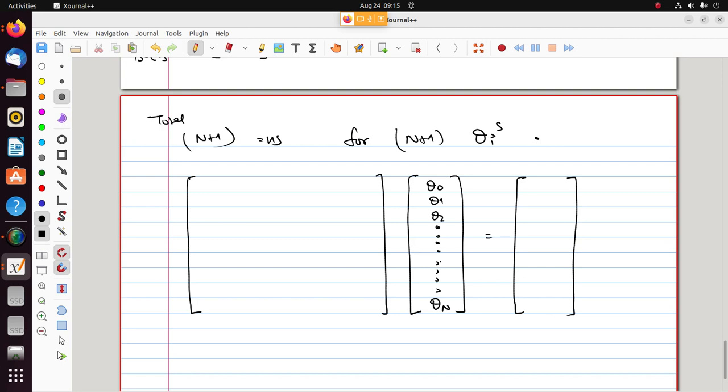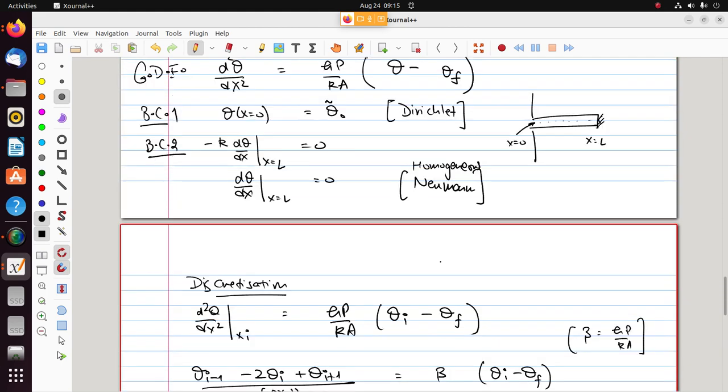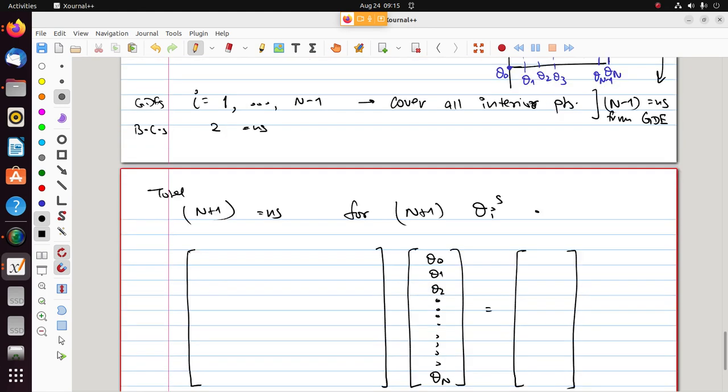Okay, so we have a total of n plus 1 theta values, temperature values, and the first equation is simply, if you look at the boundary condition again, theta at x equal to 0 is theta naught tilde. So basically we have 1 times theta naught is equal to theta naught tilde. Okay, so that is the first equation.